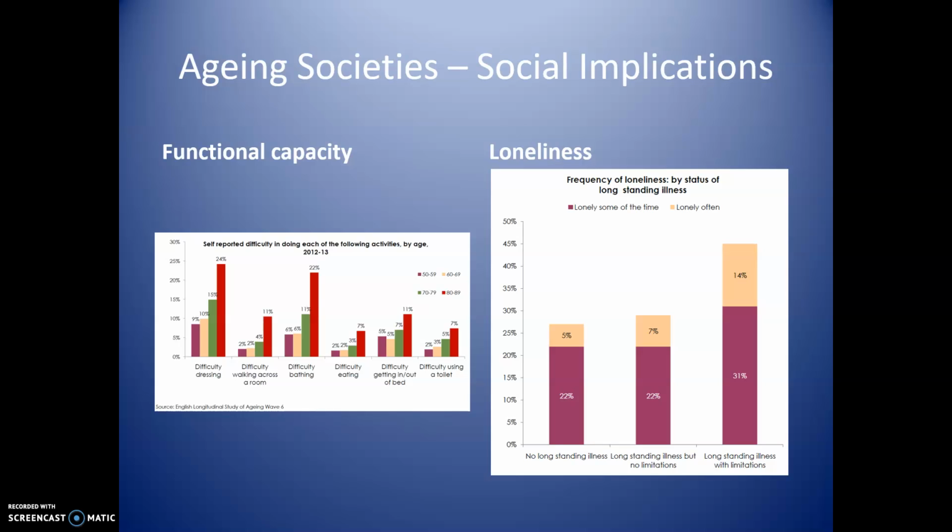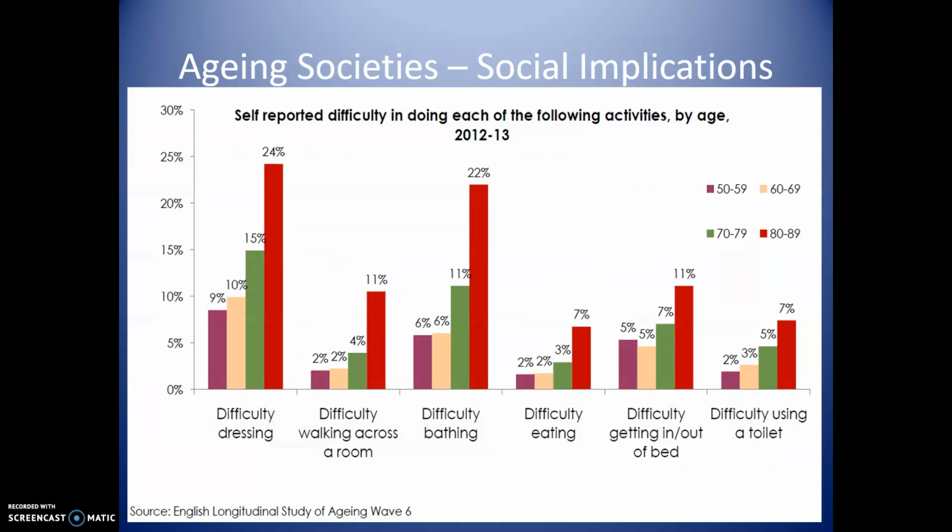Finally, let's look at some of the social implications of aging. If we look at different age groups and their ability to perform the activities of daily living, dressing, walking across a room, bathing, eating, and so on, we can see that a significantly increasing proportion of patients report difficulty in doing these activities with increasing age.